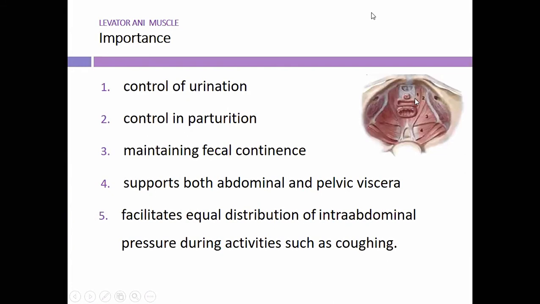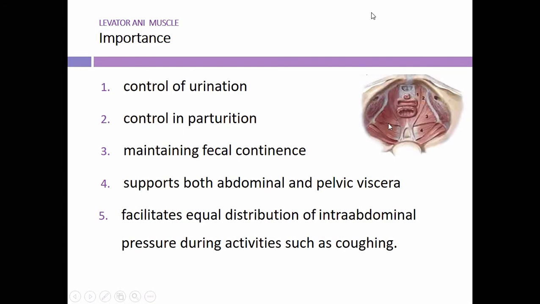Now, because of this connection, the puborectalis will also help in controlling urination, because this is the urethral opening, the vaginal opening, and the anal opening. So it will control urination, parturition, and help also maintain fecal continence.